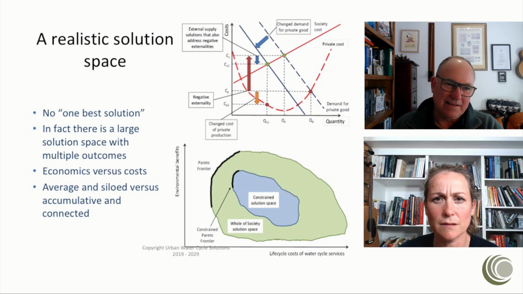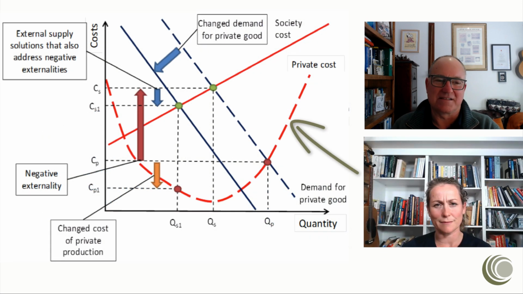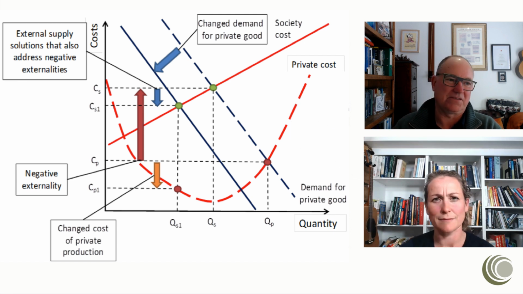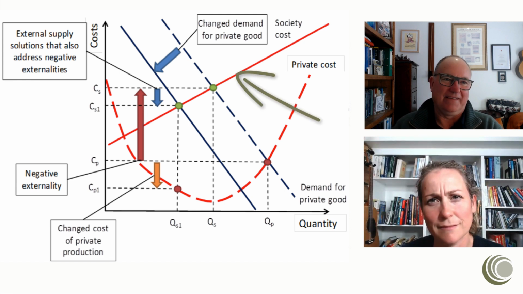And that quite wrong assumption is usually based on the perspective of a smaller scale interest in the system. So here, the red dotted line is the costs and price for a private entity, say a water utility. And you can see they're only concerned with their own costs and price and profit, whereas the solid red line there is the cost to whole of society from getting water supply from a utility.